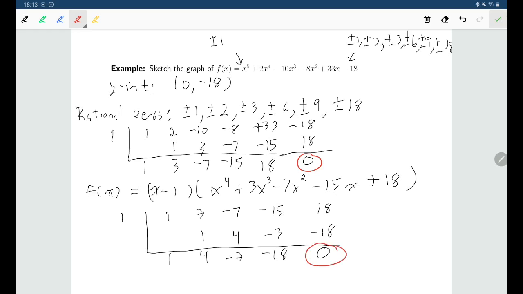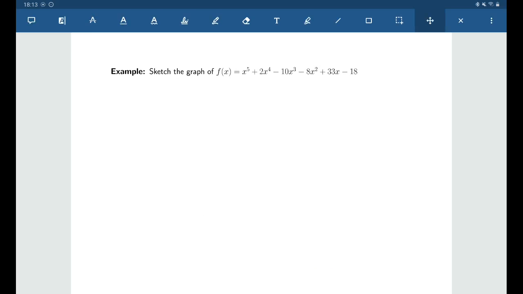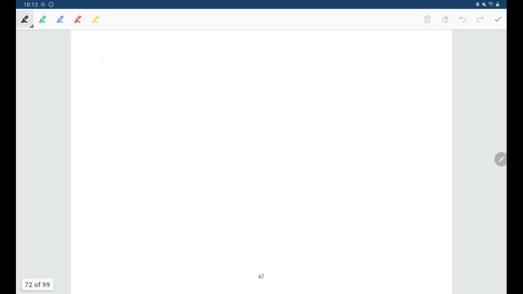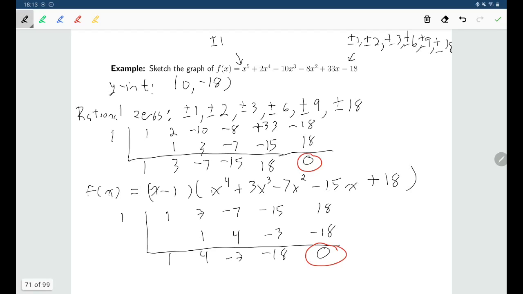It's repeated twice. So what we can say now then is that f of x has x minus 1 squared as a factor, and what's left over is this quotient.